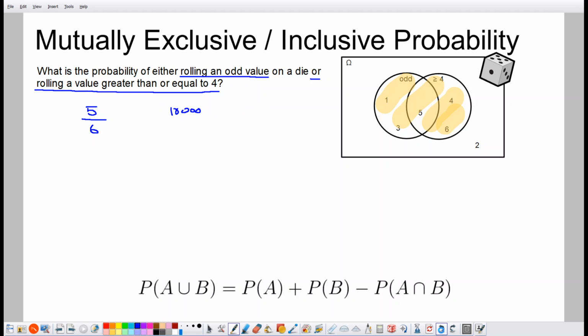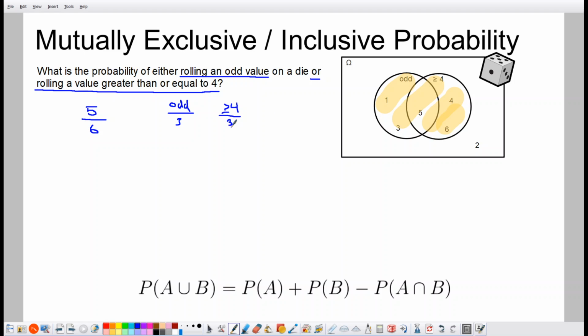Okay, so let's add up all of the odd dice on just our 6-sided die. I've got 1, 2, 3. That's how many total results I have in here. So in our odd camp, I've got 3 results. And in our greater than or equal to 4 circle, we have a 4, 5, and 6.